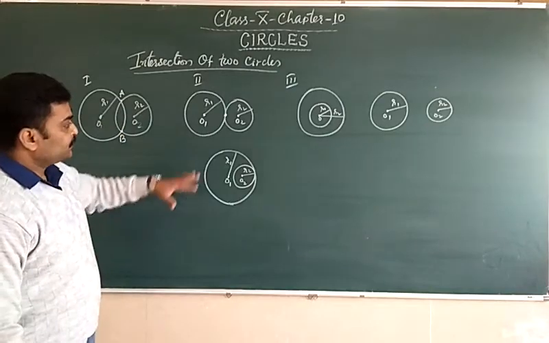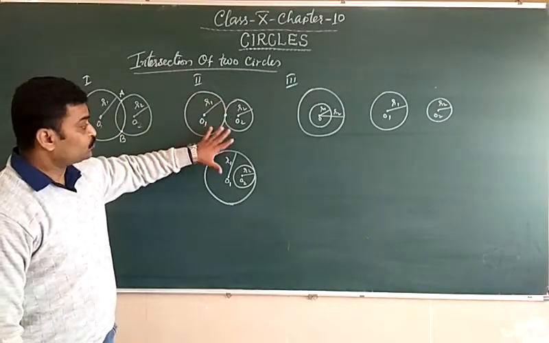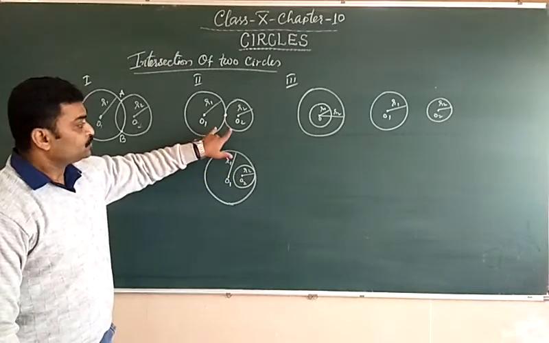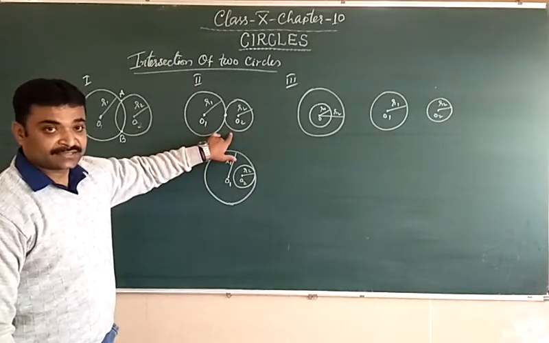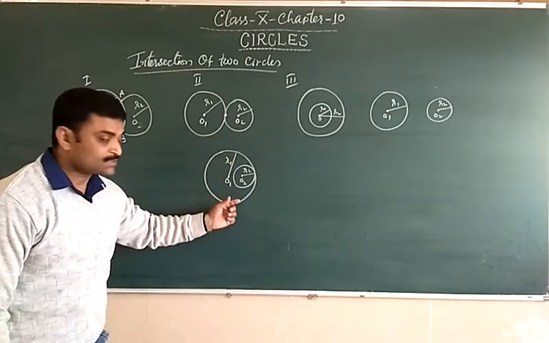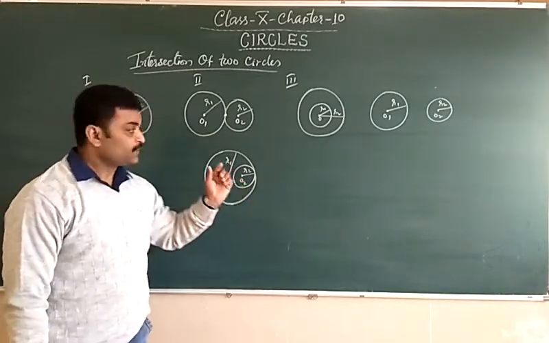Clear? In the second case, we have two cases: first, two circles intersect externally, and second, two circles intersect internally.